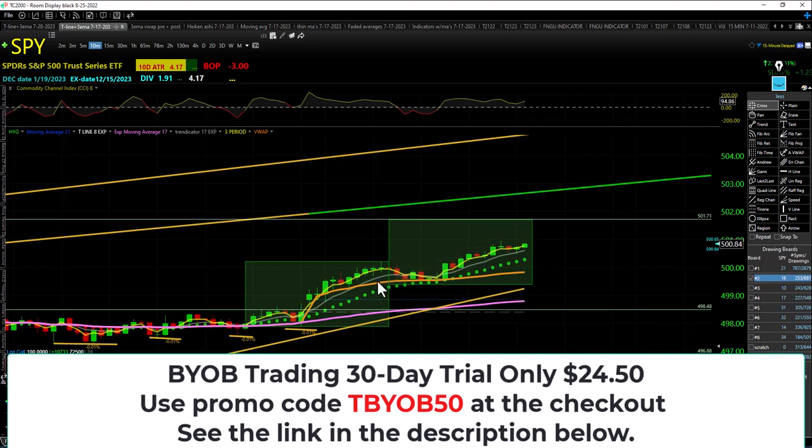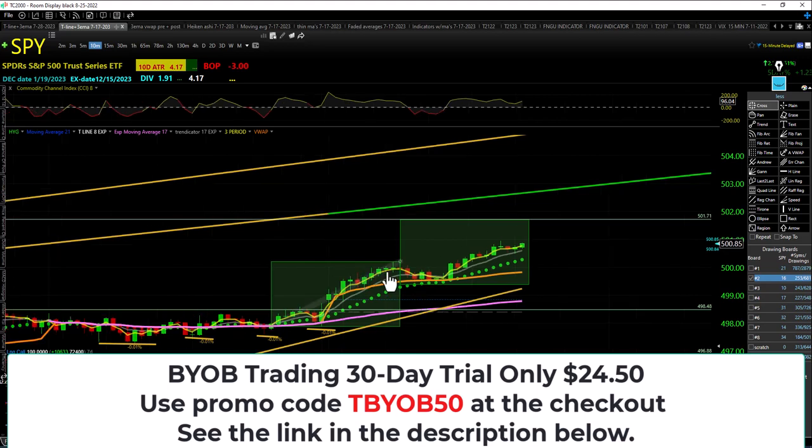This is the exact pattern I look for over and over again. All right? Because why? I just love higher lows. Why? Because it's pressure on the bulls to produce the higher high. The bigger the time frame, the better. This happens to be the one that I love to trade, is the 10-minute.